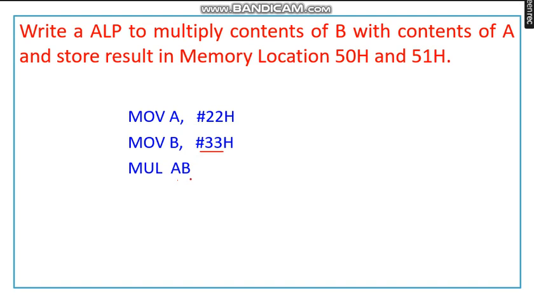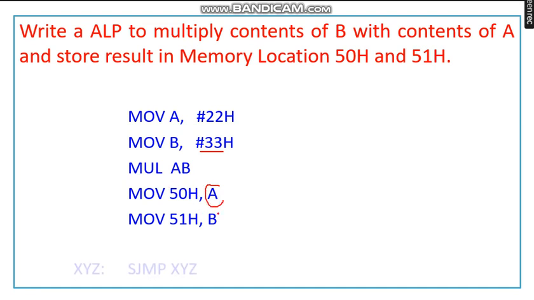So MUL AB means multiply the content of A with B and store. After multiplication, A will have the lower byte, that is stored in 50H, and B will have the higher byte, that will be stored in 51H. And these two instructions are for keeping the program in the loop.